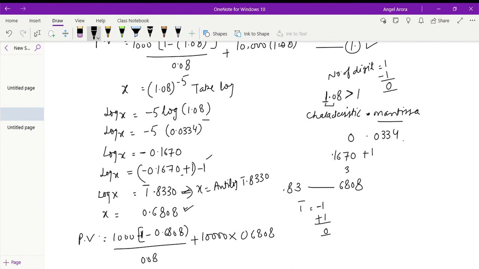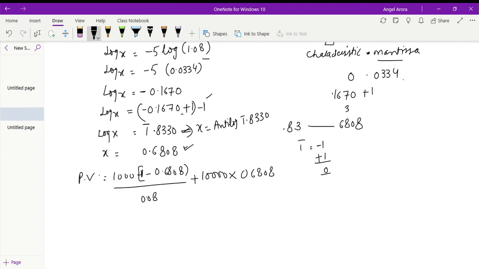This value will be substituted here. So we get present value as 3990 plus 6808, after making calculations. That means 10,798. So present value of the bond, or we can say bond price, or we can say fair value of the bond will be 10,798.